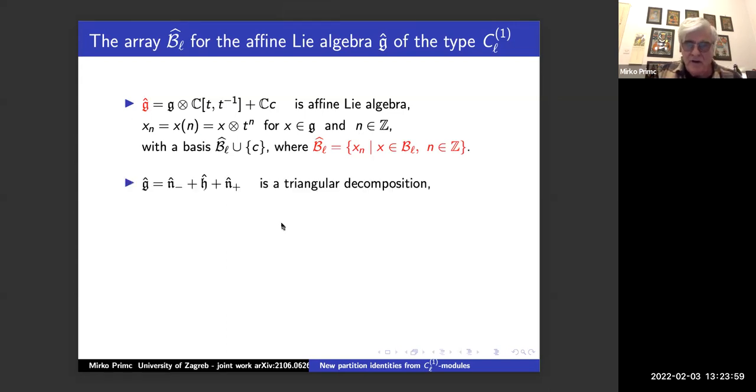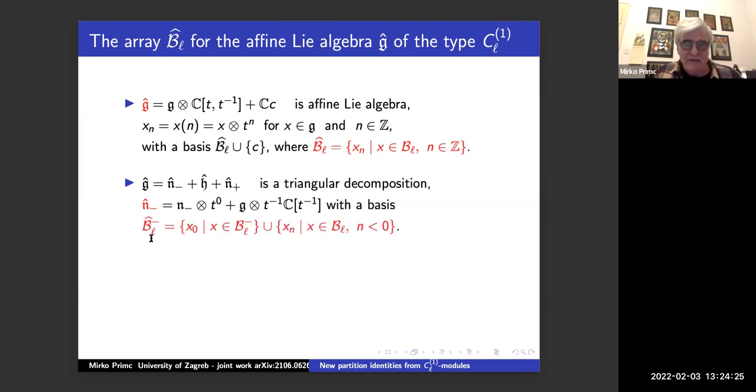So now we have a triangle decomposition of G hat into n hat minus plus h hat plus n hat plus, where n hat minus is finite dimensional n minus times t to the naught plus G tensor t to the n for all n negative.